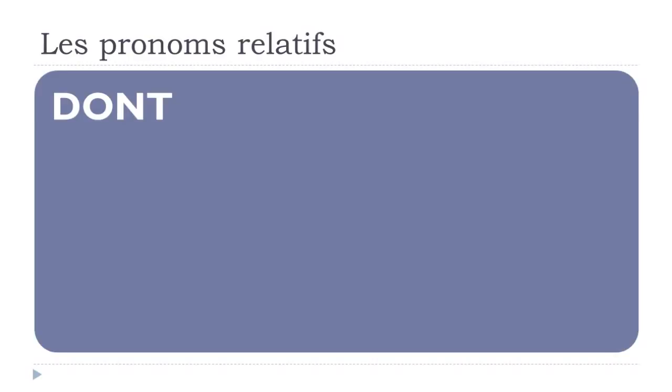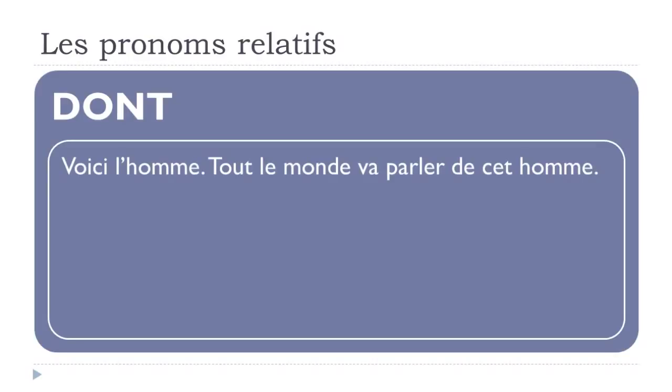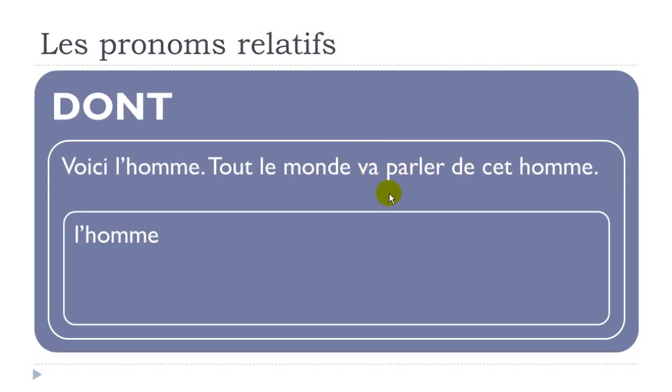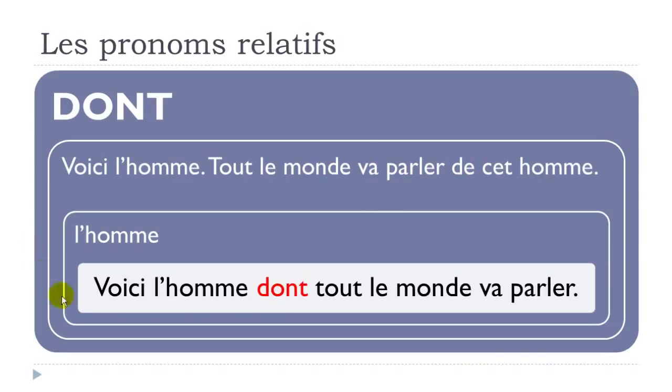Now let's see the same sentence at the futur proche, near future. I tend to put this structure because it means you've got two verbs. So voici l'homme dont tout le monde va parler. It doesn't change anything, and the sentence continues.